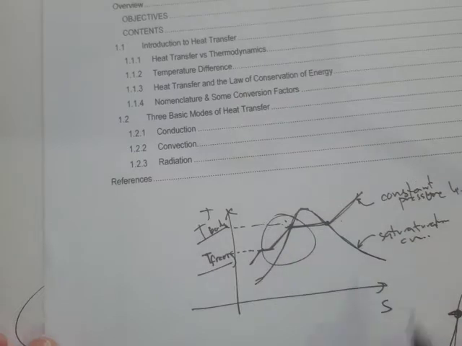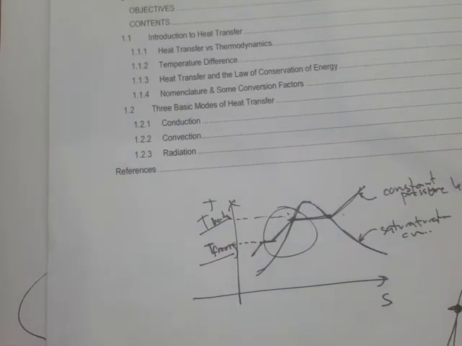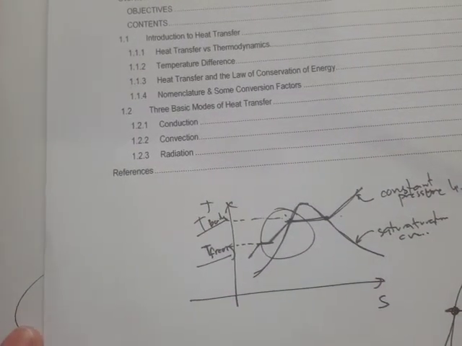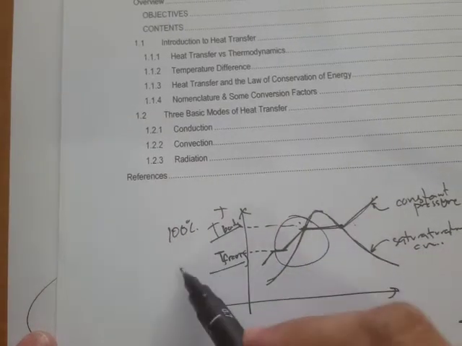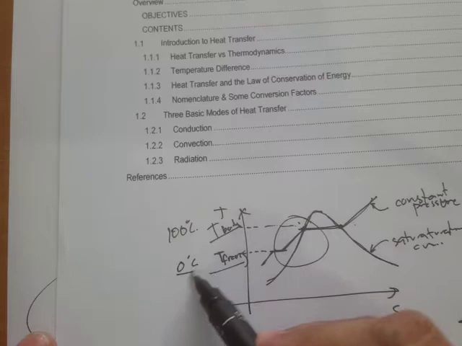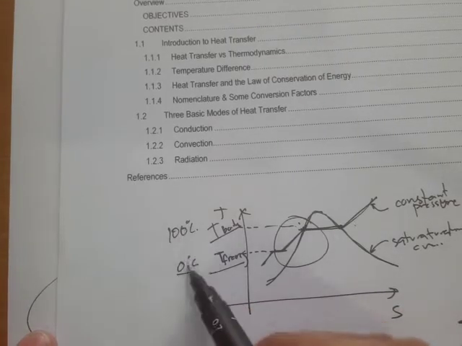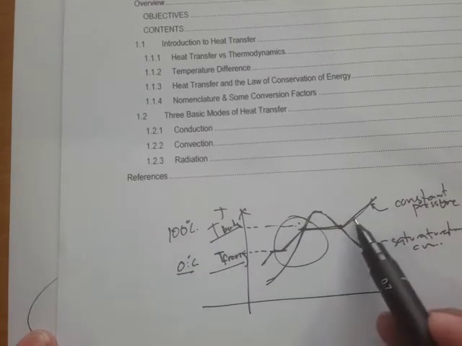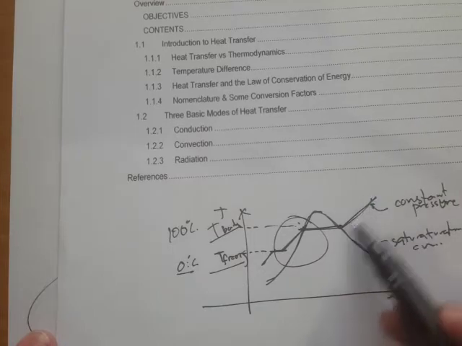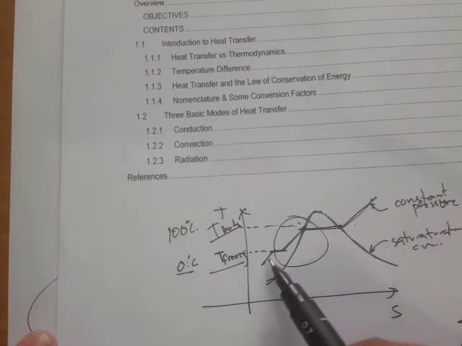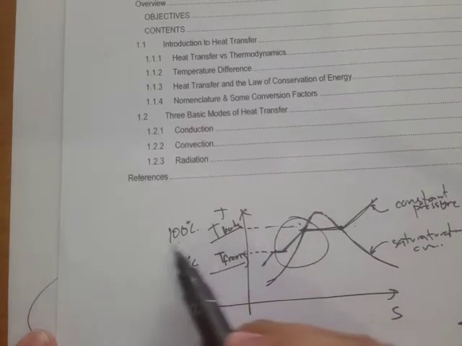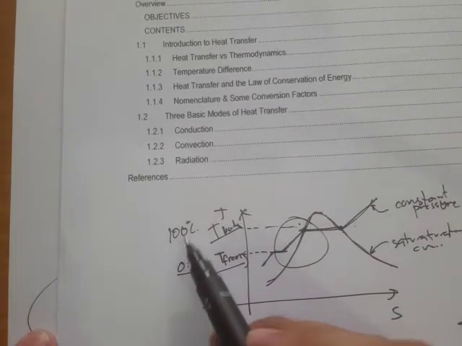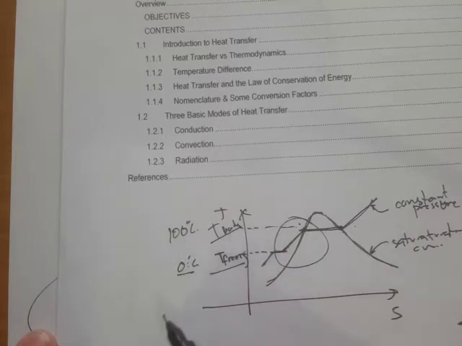So at 101 kPa, the boiling point of water is 100 degrees C, and the freezing point is 0 degrees C. So this actually changes depending upon the pressure line. If it's not 101 kPa, then of course you're going to have a different value for the boiling and the freezing point.